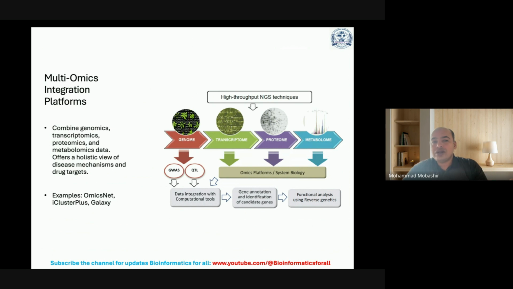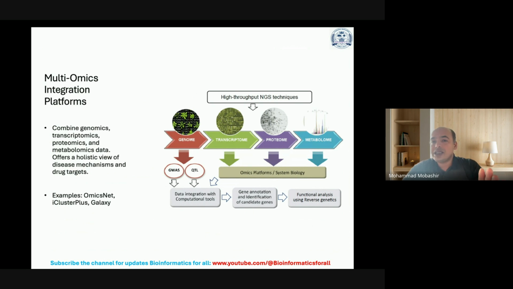It could offer you a holistic view of disease mechanisms and drug targets, and also to understand why there is drug resistance during the diagnostics process. There are, of course, some examples of such multi-omics integration platforms, but you can also develop on your own, and if you are good in data science and coding, then you can write your own modules, and that is the easiest way.